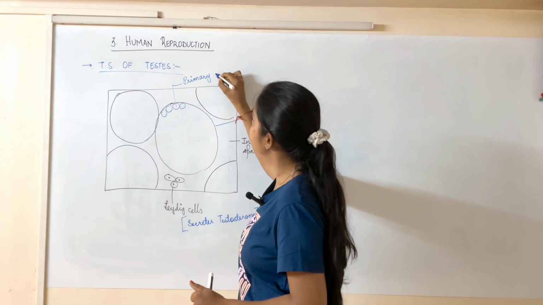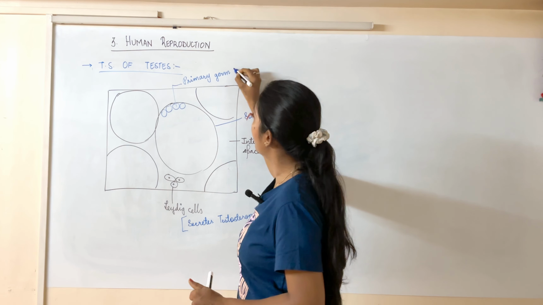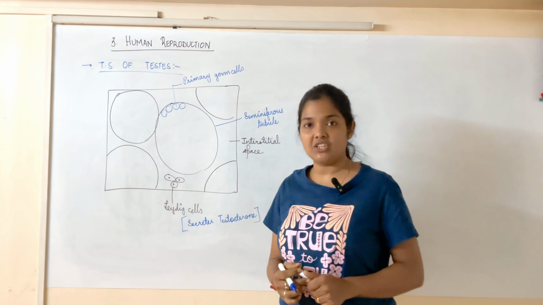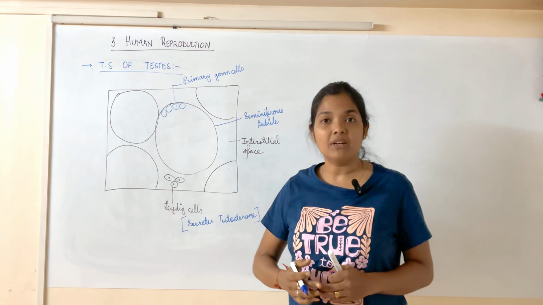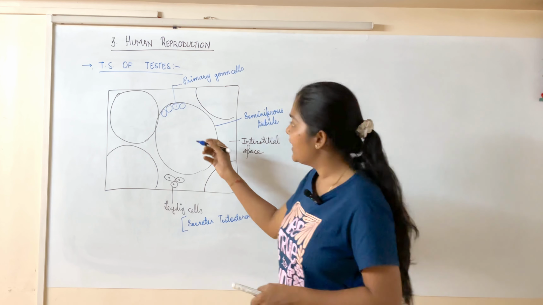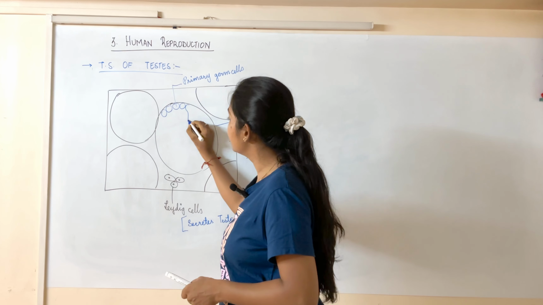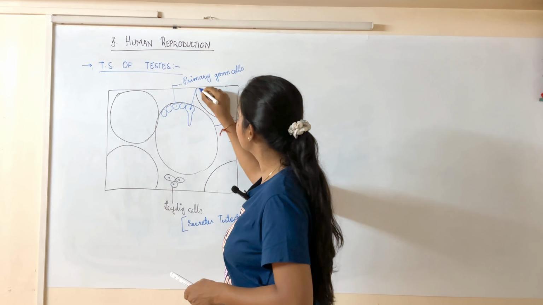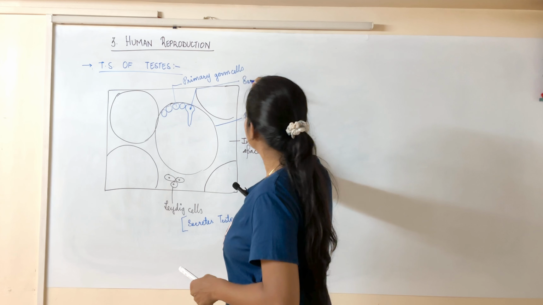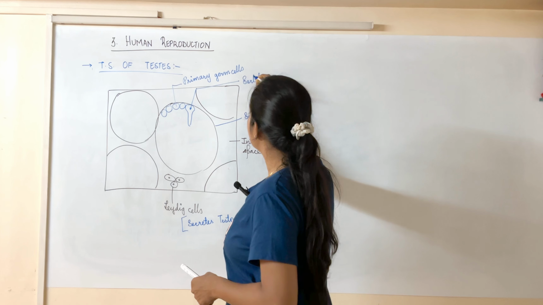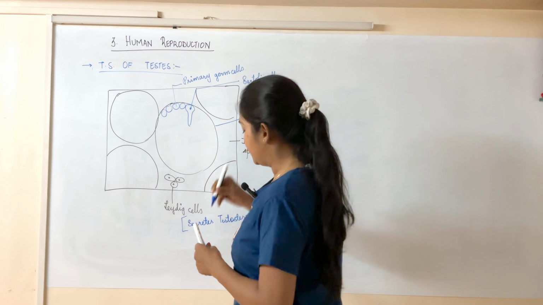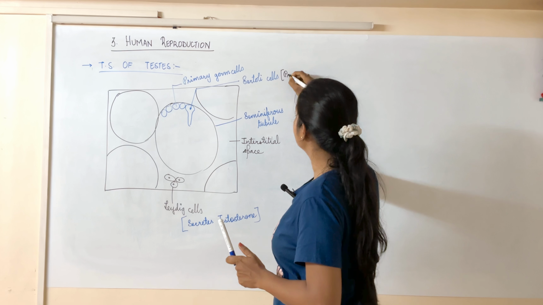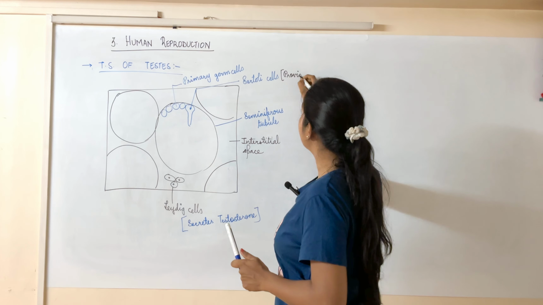These germ cells are ready to undergo mitotic division, which helps in multiplication. They grow in number. And along with this, there are certain specialized cells present, which are called the Sertoli cells. Very important. The Sertoli cells are very important in providing nourishment to the developing sperms.